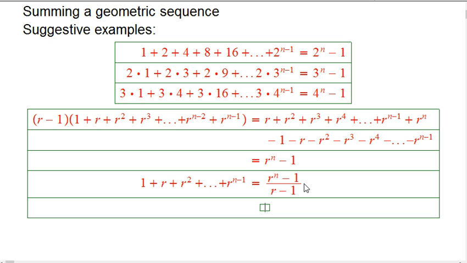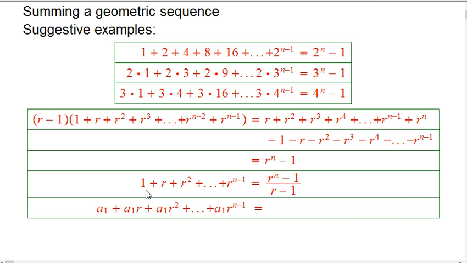Now what the heck? We're almost there, but this is still special. It insists that we start with 1. An arbitrary geometric series starts with anything: a1 plus a1 times r plus a1 r squared plus dot dot dot. Okay.